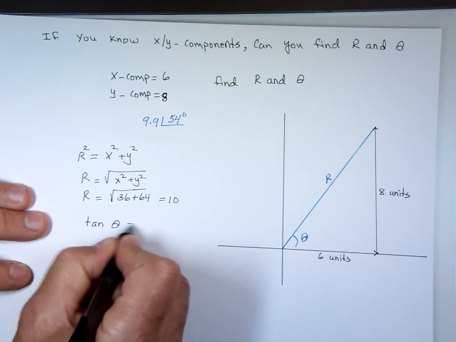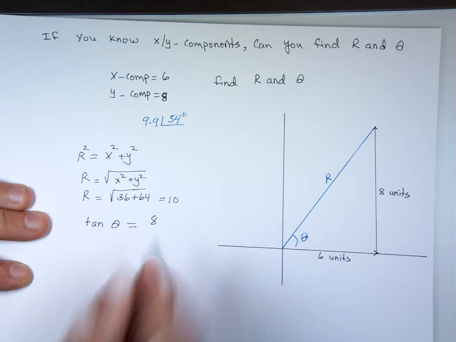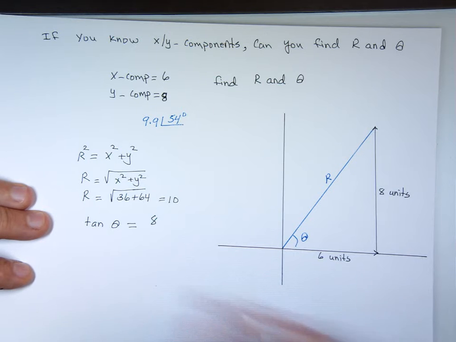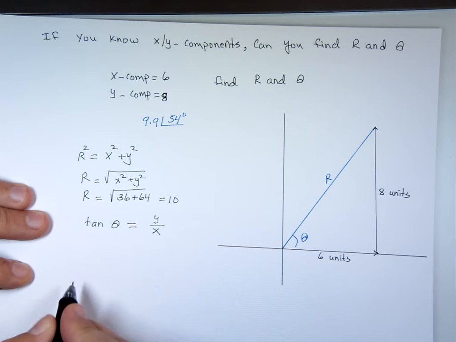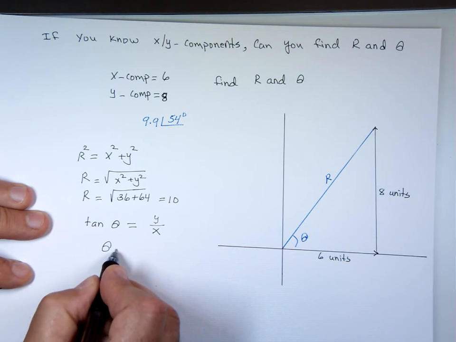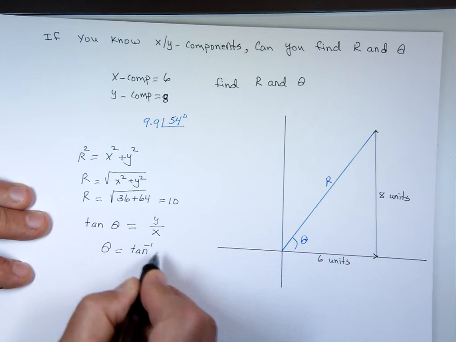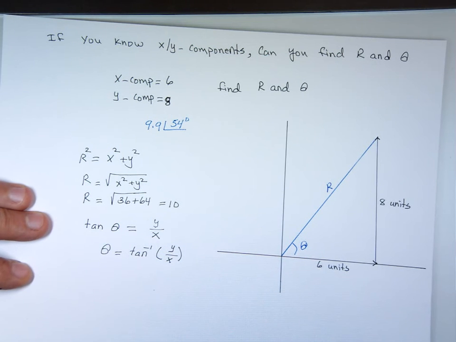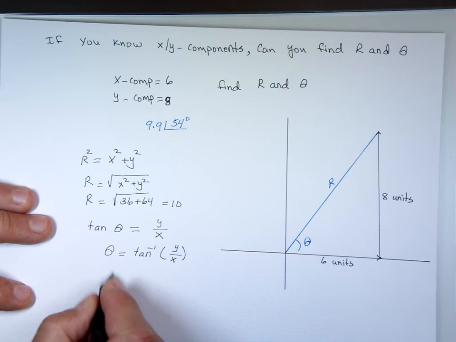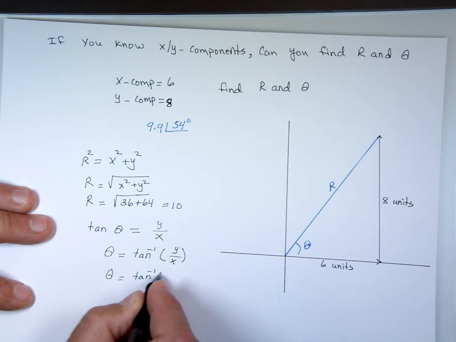So tangent theta equals the opposite, which is 8, or the y value. Let's just put them as y and x for now, over the adjacent, which is x. Which means theta, if I'm looking for theta, I've got to take the inverse tangent. So theta is going to be the inverse tangent of 8 over 6.